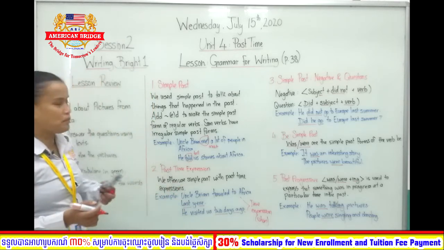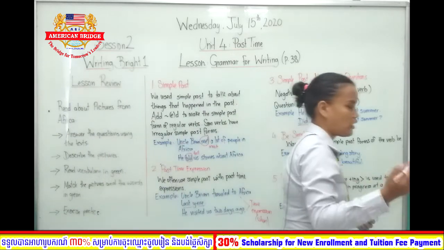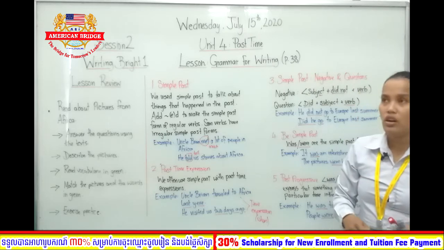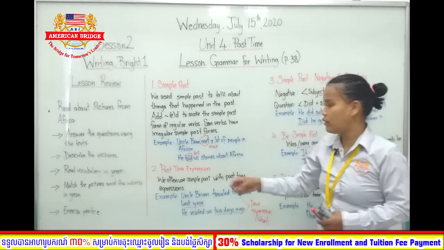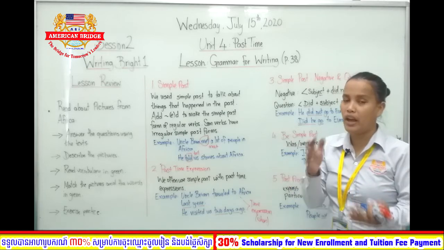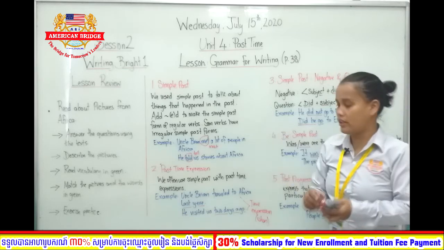So simple past is pretty easy. Everything that happens in the present, you put it in the past according to the word. So, for example, the word meet, okay, so meet is the simple form, and met is the simple past. Now we also don't forget to add ed.